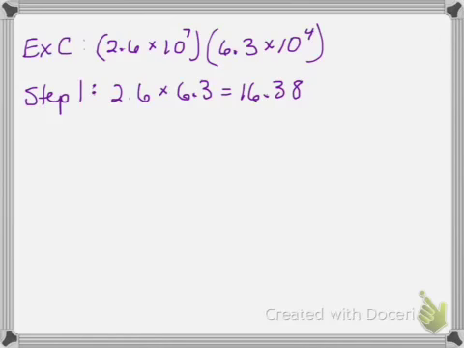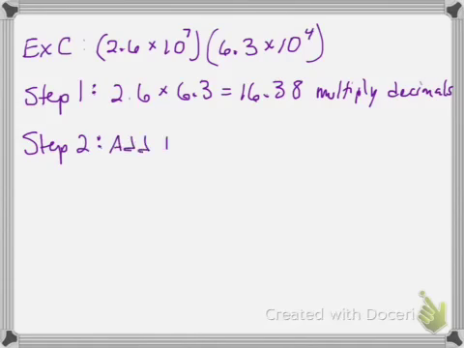Okay, so step 2. And actually, I guess let's clarify just to write the notes here. So you multiply the decimals. Okay. So then what you do, step 2, is you're going to add the exponents.